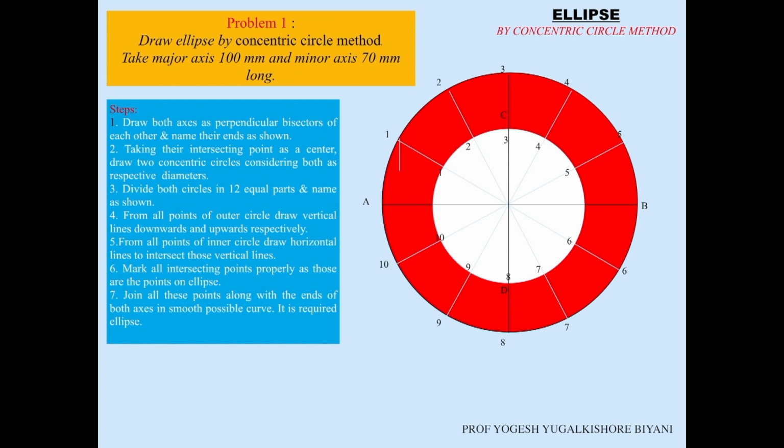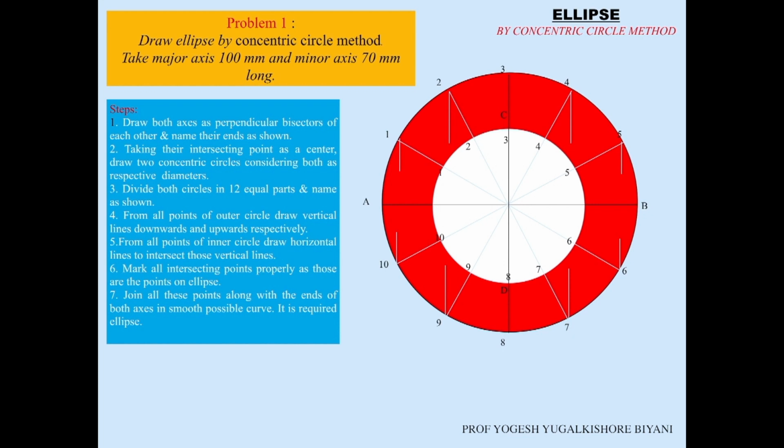You can see these are the vertical lines which have been drawn downwards from points 1, 2, 4, 5. From 6 we will draw a line vertically upward. This is vertically upward, we drew from 10, 9. This will be drawn upward from 7 and the last one will be 6.